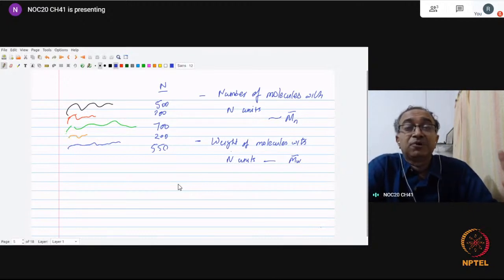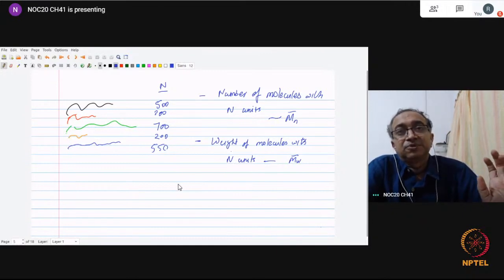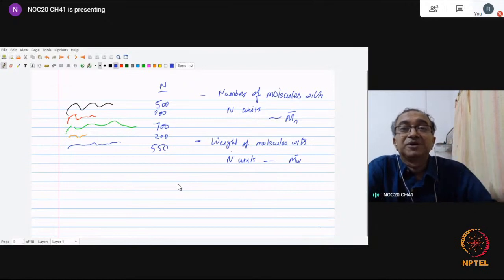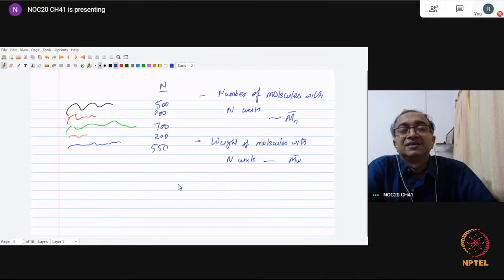For example, polyester is not a copolymer. Polyester is polymerization of a diol with a diacid. So the monomers are a diol and a diacid. But polyester is not a copolymer because a diol by itself cannot form a polymer, or a diacid by itself cannot form a polymer.